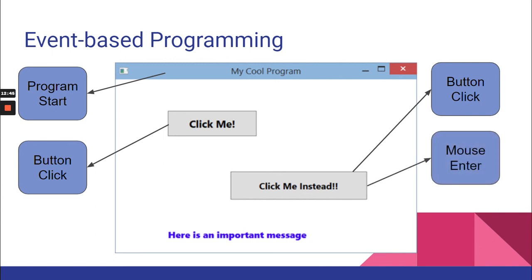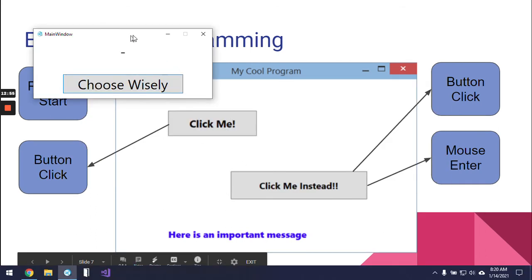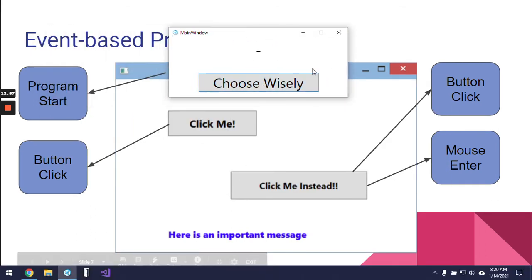There are also things with buttons. You've noticed that when you put your mouse over a button, let me show you the example here. See, when I'm just waving my mouse over the button, choose wisely. And notice how it changes color slightly when I go over it and come off of it. That's an event.